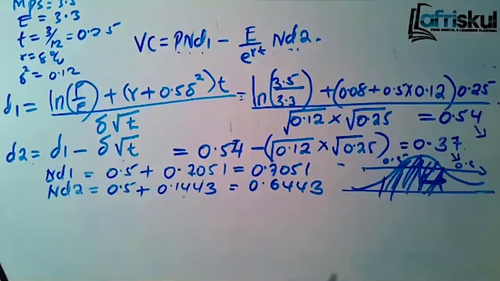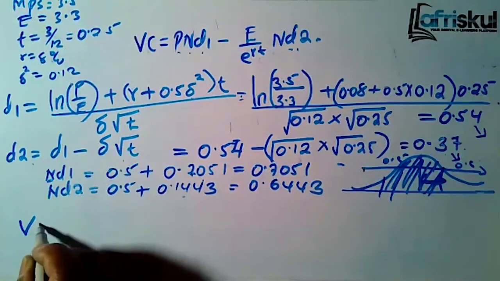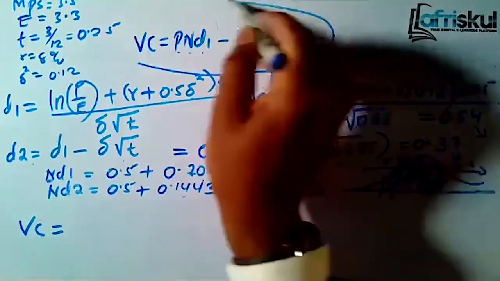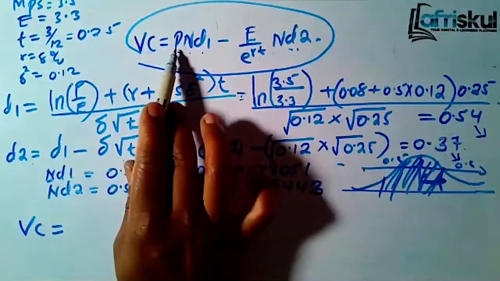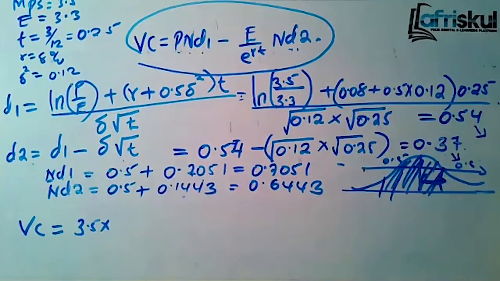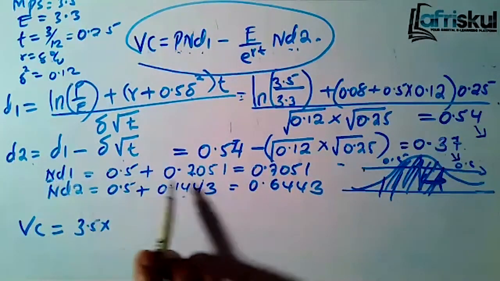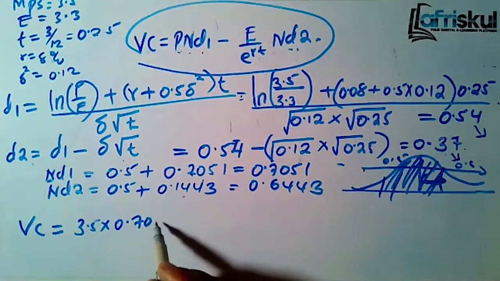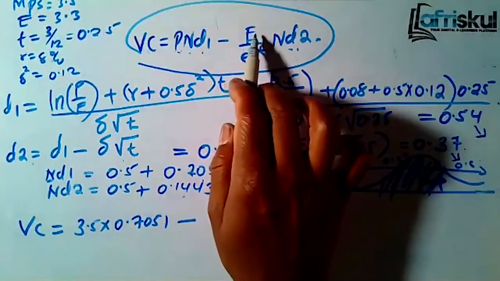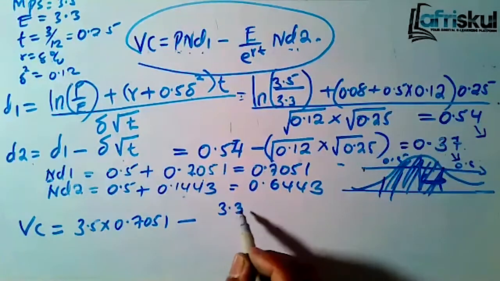Now, with the ND1 and ND2, we can get the value of the call. We go back to this formula. You take P, the market price per share, which was 3.5. You multiply by ND1, which is 0.7051, minus E, the exercise price, which was 3.3.